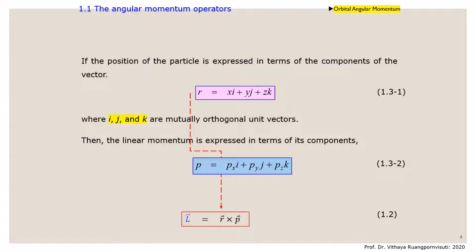Therefore, the linear momentum can be expressed in terms of its components as well. Therefore, p is equal to px i plus py j plus pz k. We can substitute r and p into equation 1.2 of the angular momentum.